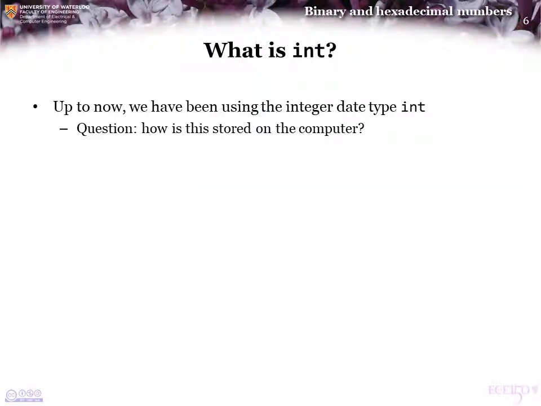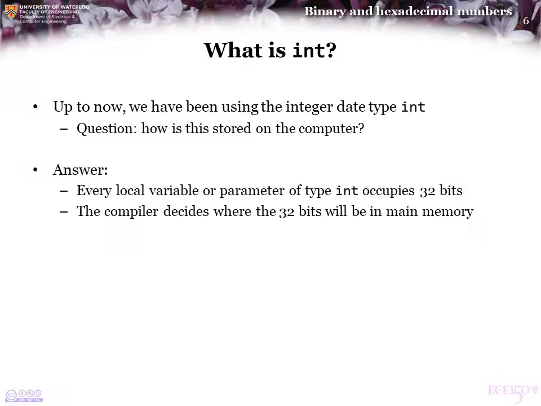Now, up until now, we have been using the data type int. Now question, how do we store this on the computer? Well, every local variable or parameter of type int will be occupying 32 bits, and the compiler is going to decide where those 32 bits will exist in main memory.